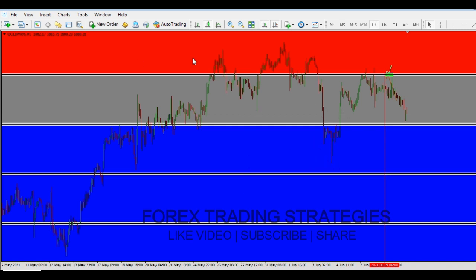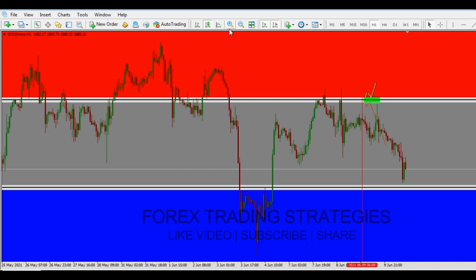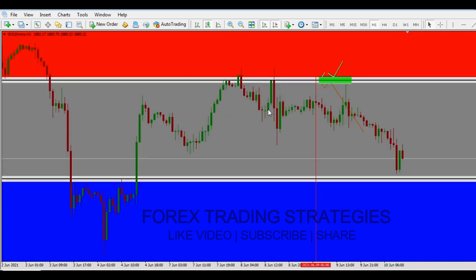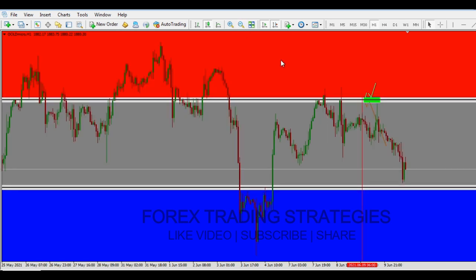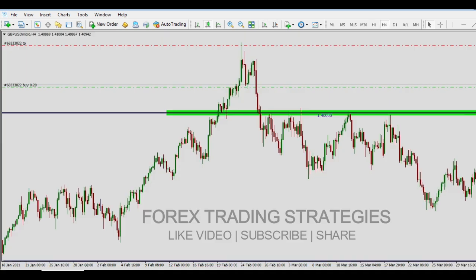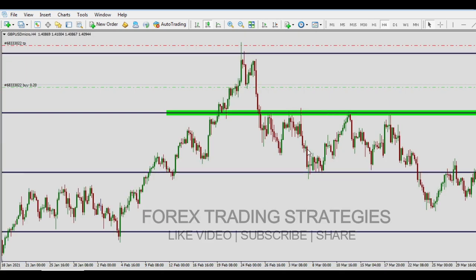It can greatly enhance your trading. You can use this as a basis for your strategy and add other things that you use to confirm your trading. And like I said, you can even use it in combination with this indicator that I shared in a previous video that I've linked in the description box below.